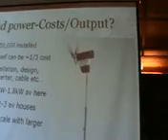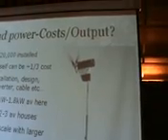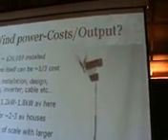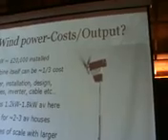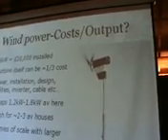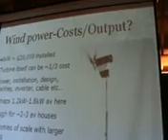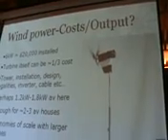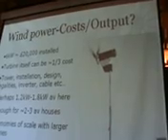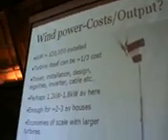Right, so, costs and output. This is a picture of a turbine made by Proven, but we've got it up at CAT. So if you were to go, say, for a 6 kilowatt turbine, just as an example, that might cost about £20,000, but that's British Gas's money, or Scottish Gas, sorry.